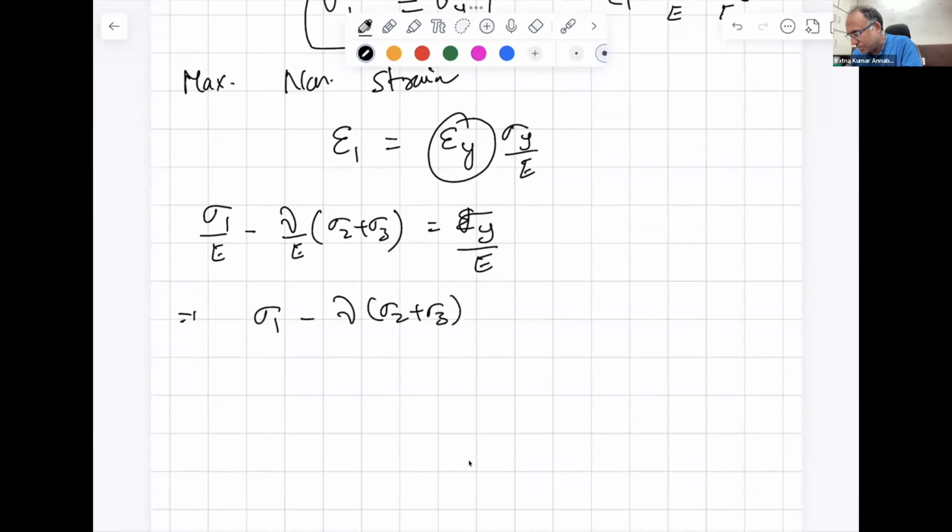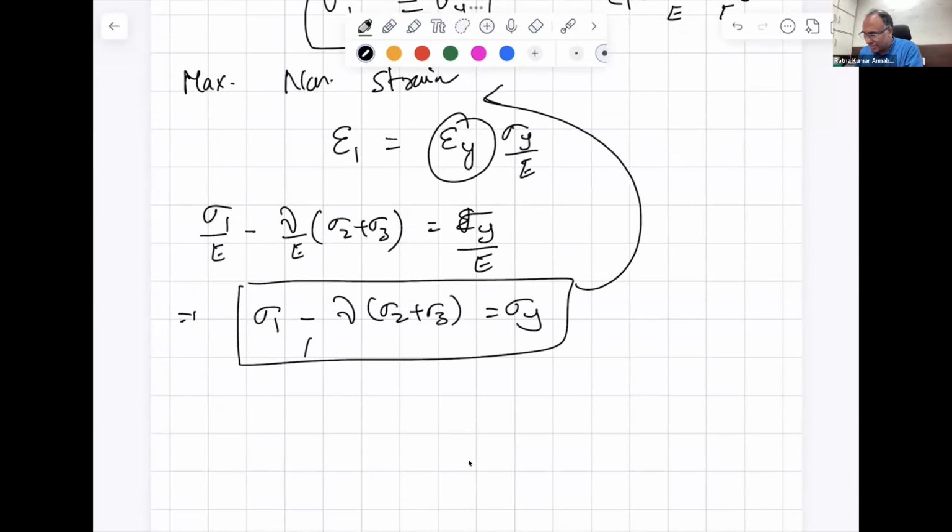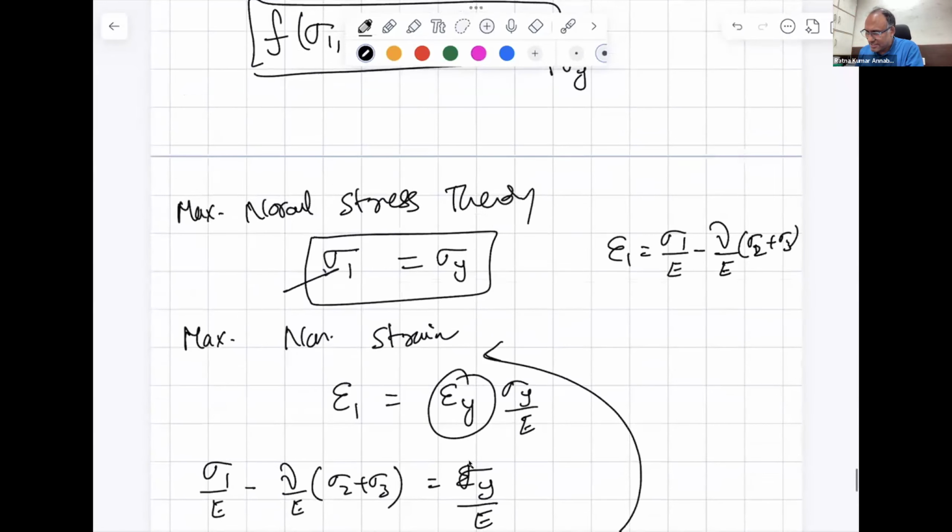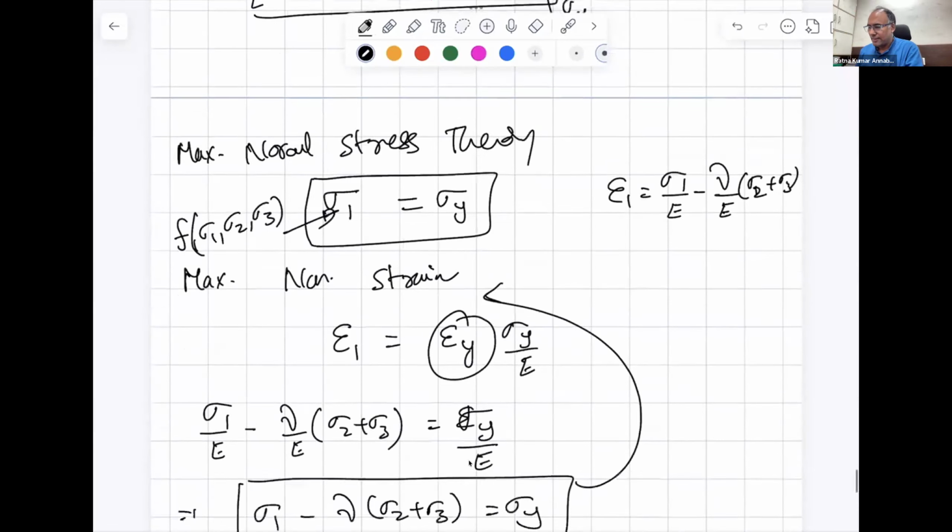That is what maximum normal strain theory tells me. In the earlier case, f of sigma 1, sigma 2, sigma 3 only depends on sigma 1.